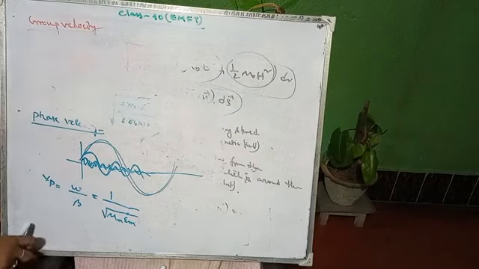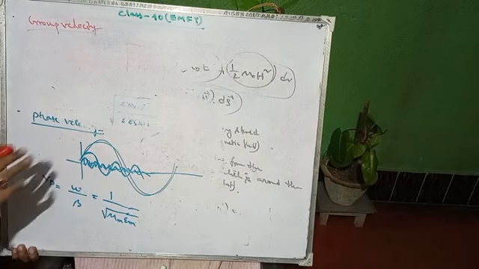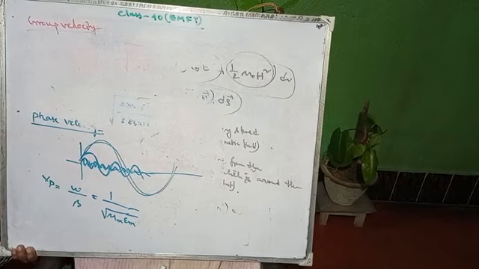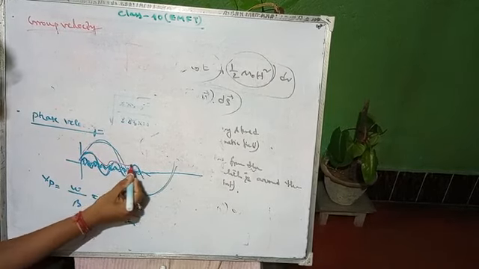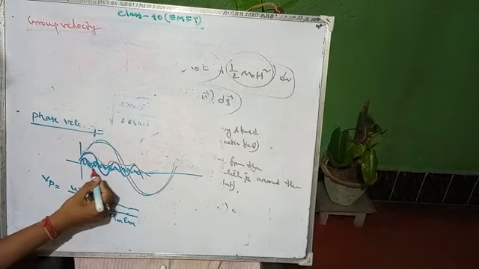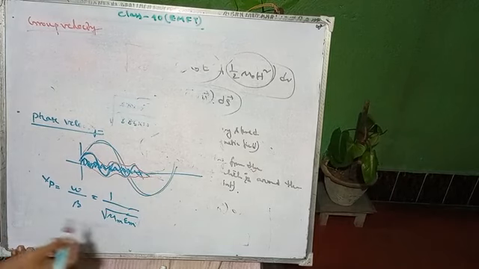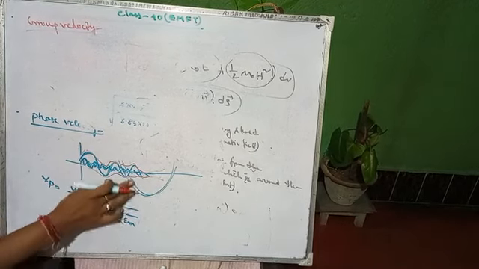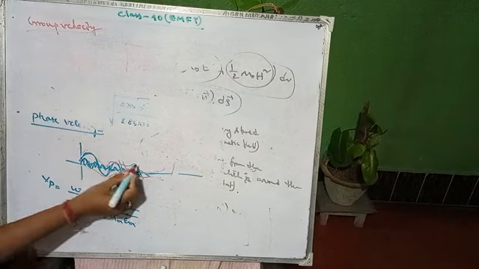The group velocity is the velocity with which the overall shape of the wave propagates. If we ignore the individual components, the shape of this wave will be this red colored one.